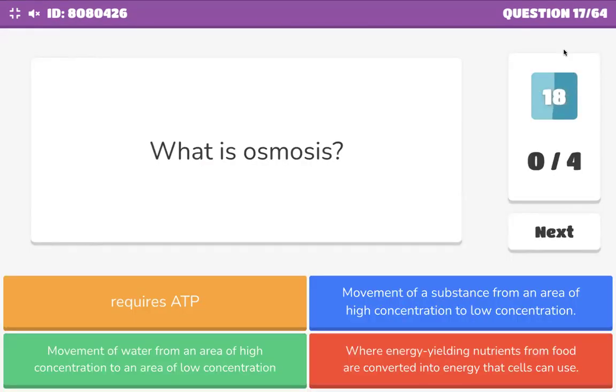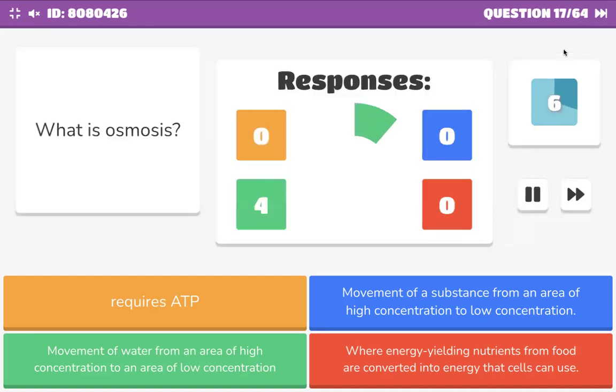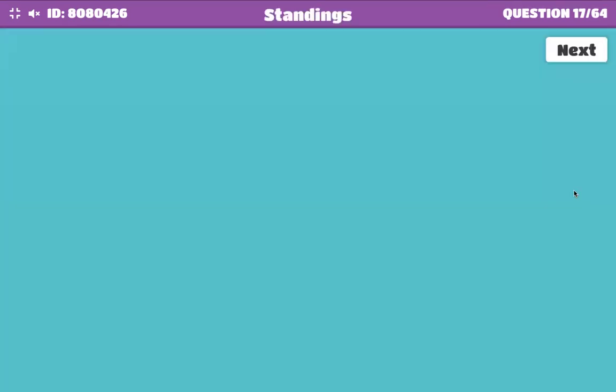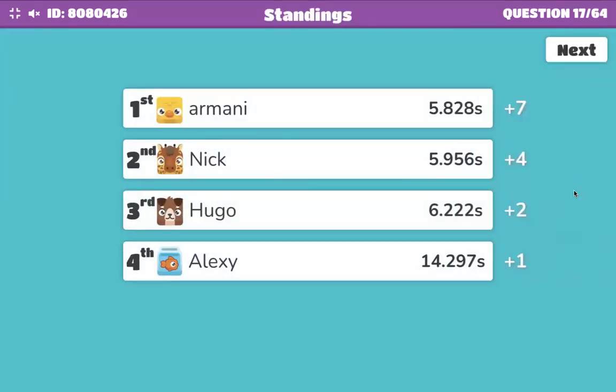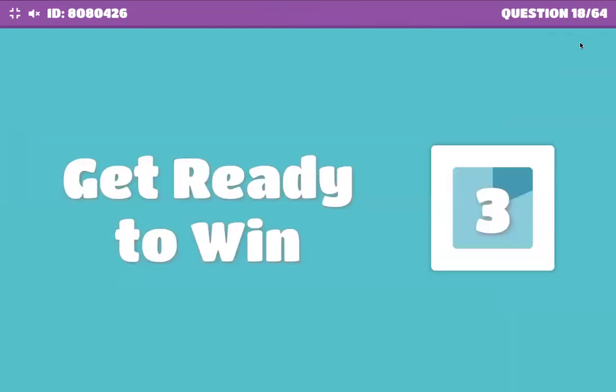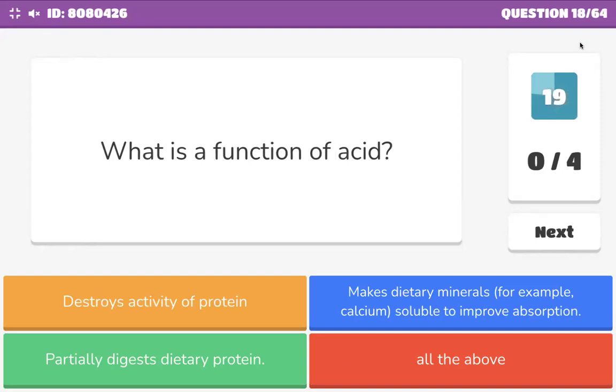What is osmosis? Movement of water from an area of high concentration to an area of low concentration. What is a function of acid?